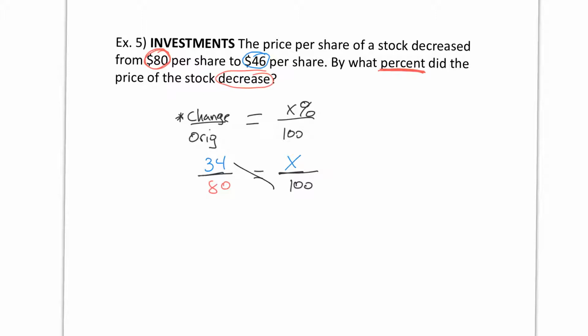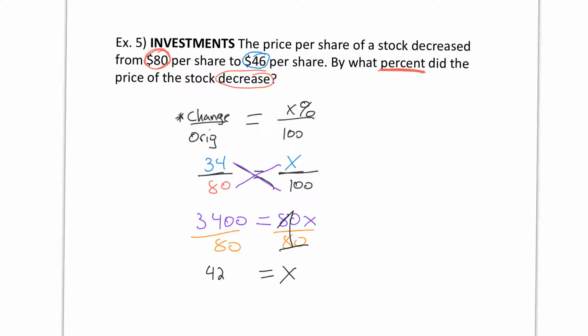I'm going to cross multiply. So I'm going to multiply 34 times 100, that's 3,400. I'm going to multiply 80 times X, equals 80X. I'm going to divide by 80, and when you divide by 80, this turns into 1. I have the X on this side.